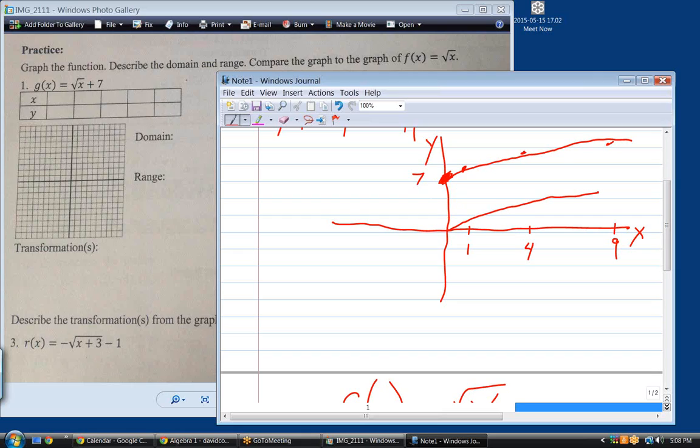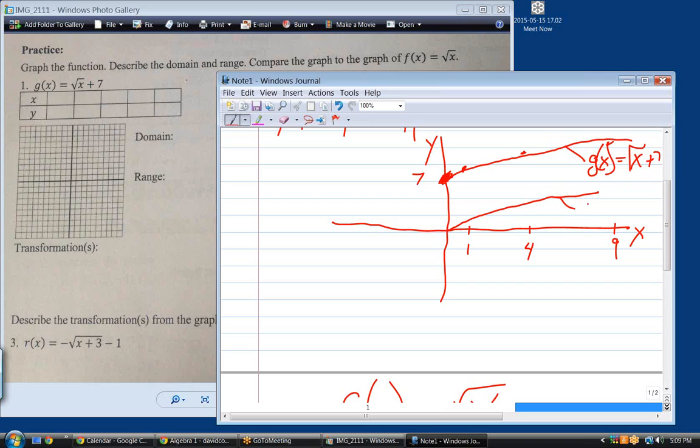The function has shifted up. By how much? By 7. That's exactly what is done. In other words, the consequence of this plus 7 merely takes the original function and shifts it up by 7. So this function here is g of x equals the square root of x plus 7.